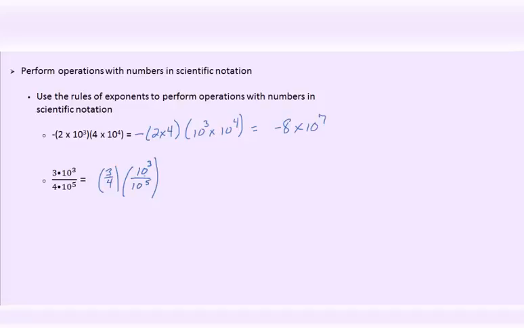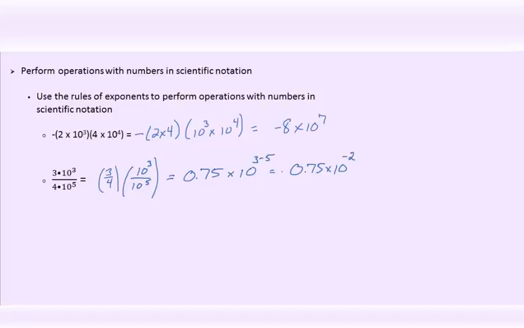When we divide 3 by 4, we get 0.75. And when we divide 10 to the third power by 10 to the fifth power, we subtract our exponents to get 10 to the power of 3 minus 5, which gives us 0.75 times 10 to the negative second power.